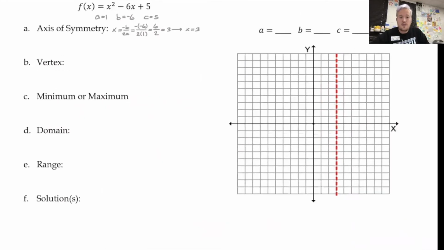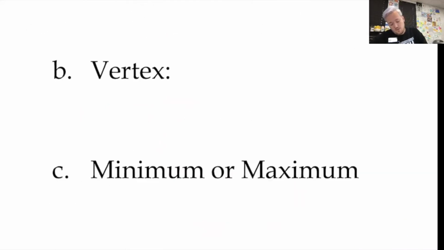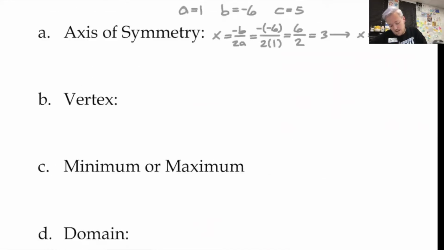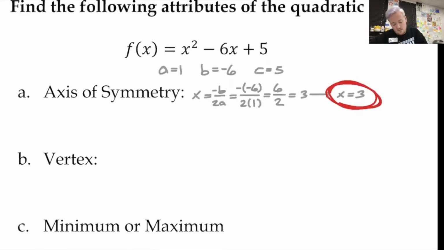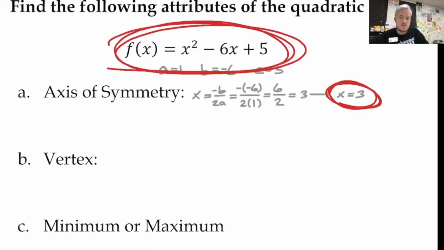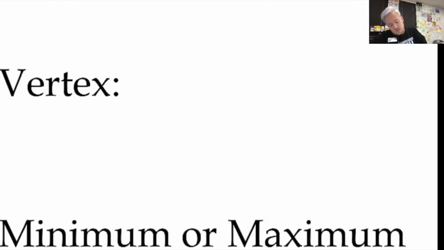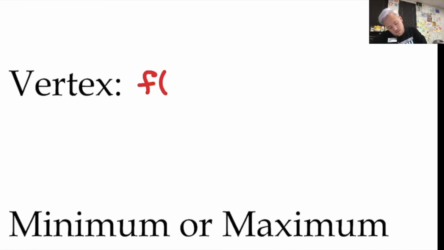So now we need to go ahead and find the vertex. For the vertex, I want to take that x value that I just found and plug it into my equation up here and see what y value it yields. So I'm plugging in that 3 that I just found.